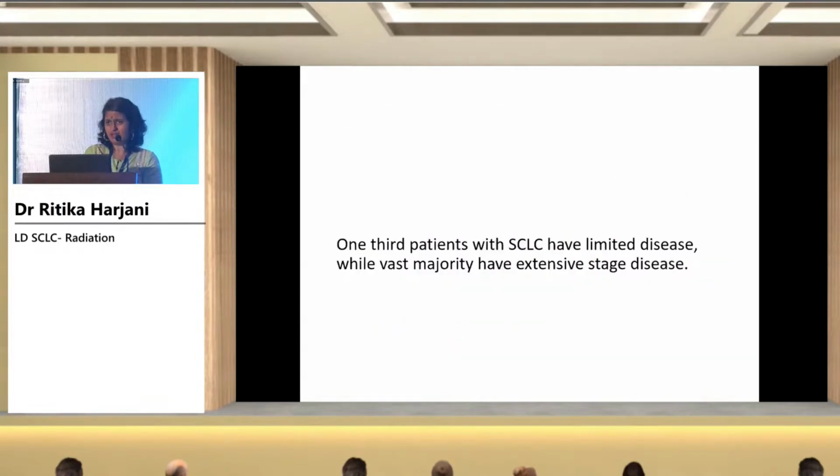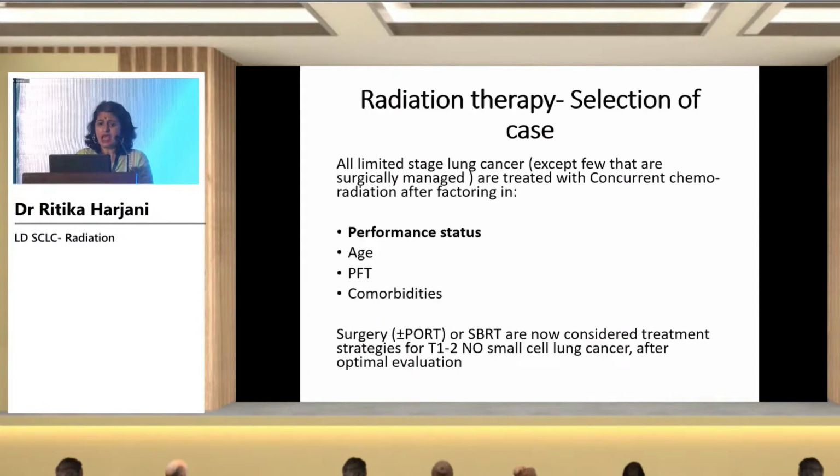Only 1/3 of the small cell lung cancer patients actually present with limited stage disease. And all these patients, of course, considering their performance status, age, PFT, comorbidities, I would say performance status is the most important factor while deciding treatment.